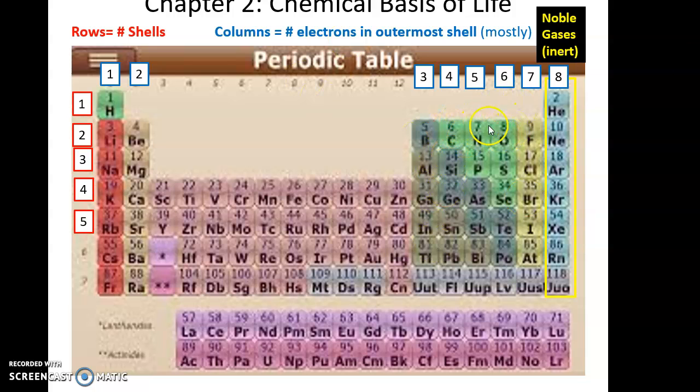Column 4 has 4, 5 has 5, and so on, all the way down to the last column, which has its outermost shell fully complete. So that means they have 8 electrons in their outermost shell, except for helium, which only has 2. And these, in this final column, are referred to as the noble gases. All the other elements wish they could be like the noble gases. And the noble gases are basically chemically inert.